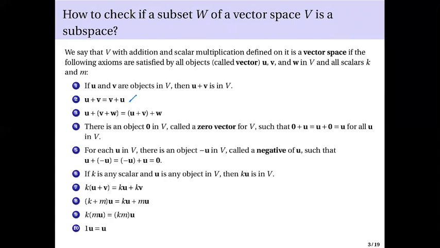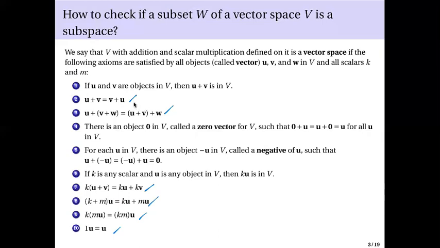All the objects of W will also satisfy this. Also, all the elements of W will satisfy this, this, and this. And also axiom number 10 here. So what does this mean?